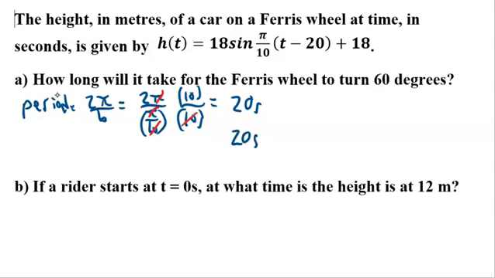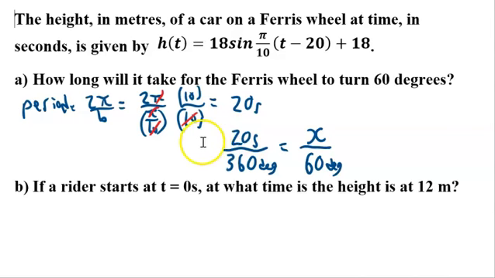So it takes 20 seconds to go 360 degrees. Because the wheel is spinning at the same rate, we can set up the same ratio: it takes x seconds to go around 60 degrees. This ratio has to be the same because it's moving at the same speed.